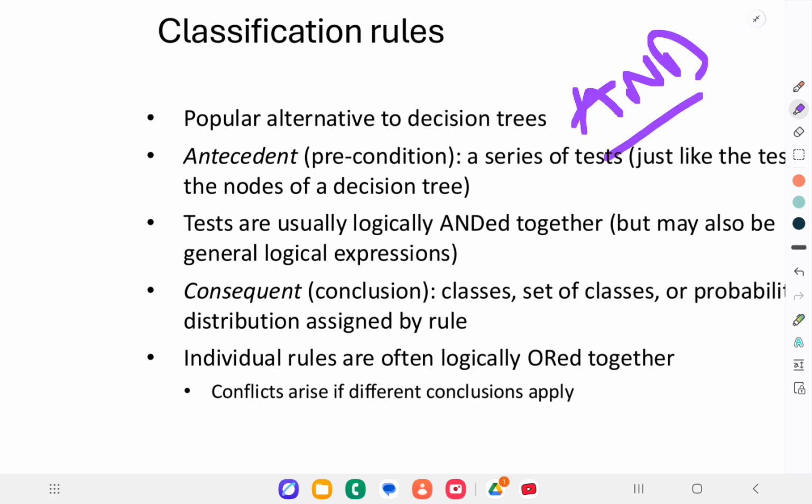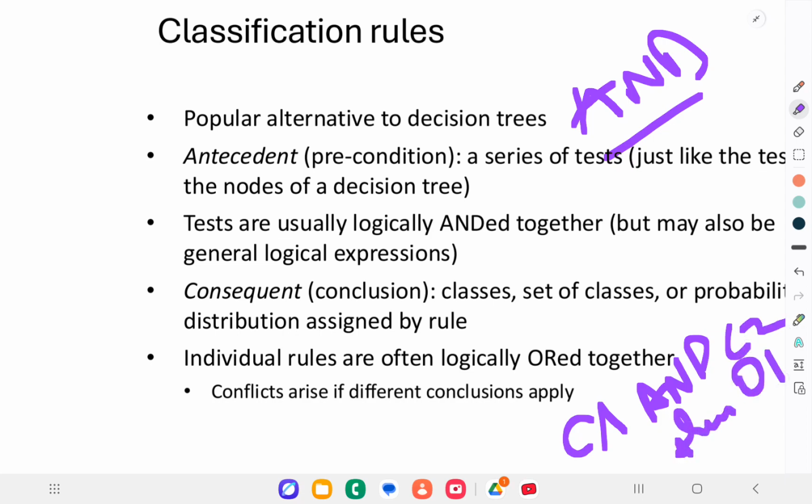So let's say, if condition 1 and condition 2, then outcome 1. All of them must be true for the rule to fire. Condition 1 and 2 have to be both true for this rule to be true.